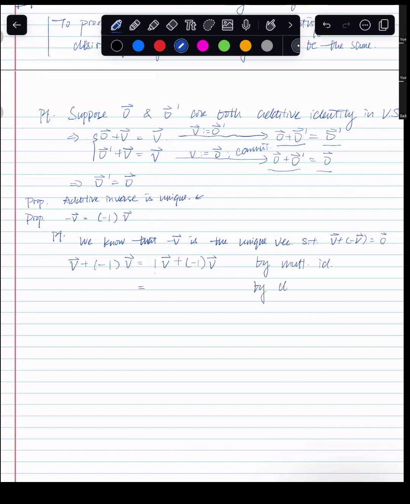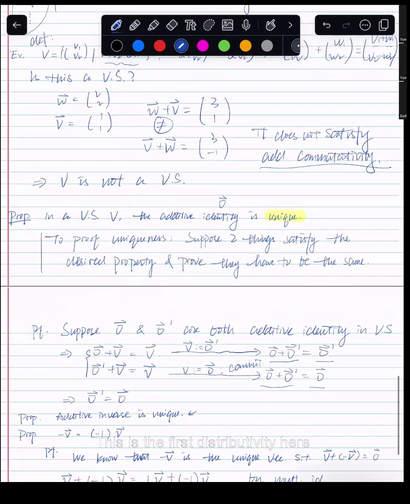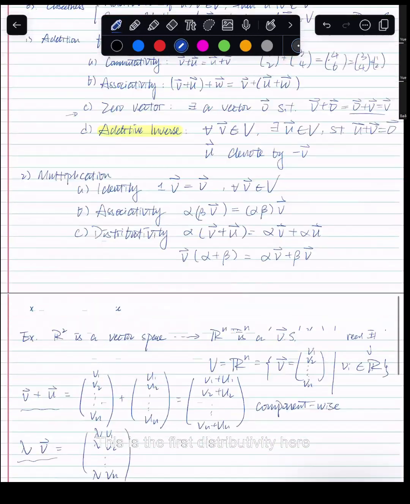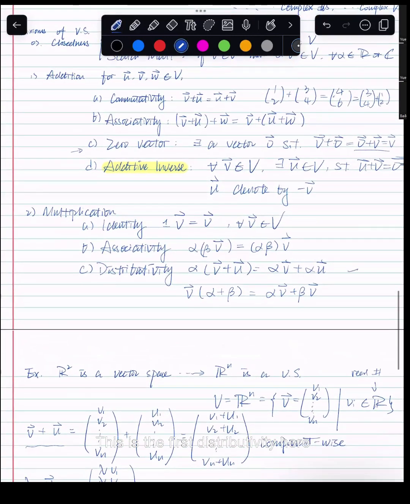Then by distributivity, we can take this v out and then we do 1 plus -1. This is the first distributivity here.